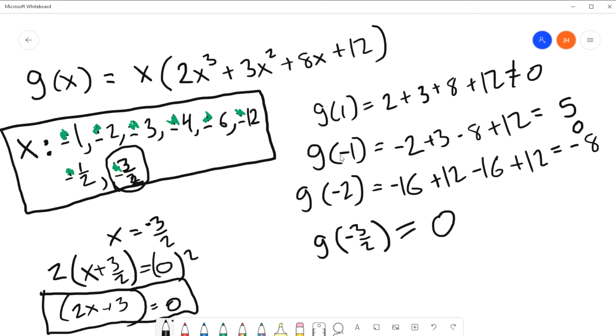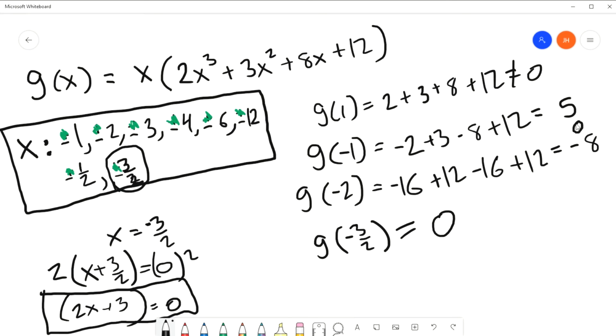So to recap what just happened, I was plugging in values to see which one would make the function equal to 0, right? I did use a little trick where I recognized that if x equals negative 1 was too big, and x equals negative 2 was too small, then something in between must have been just right.